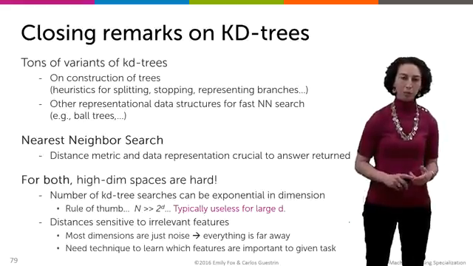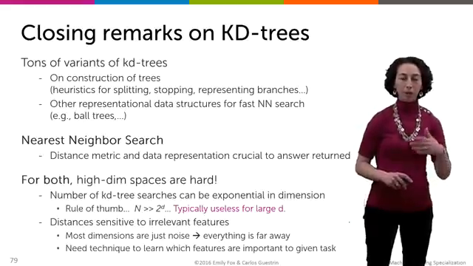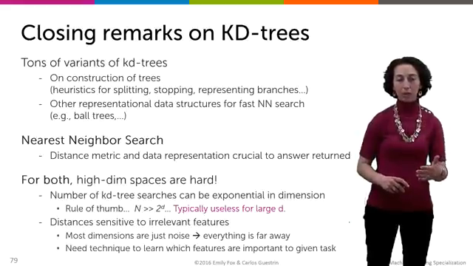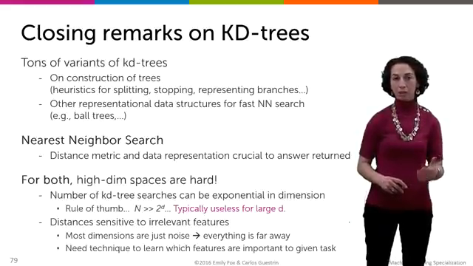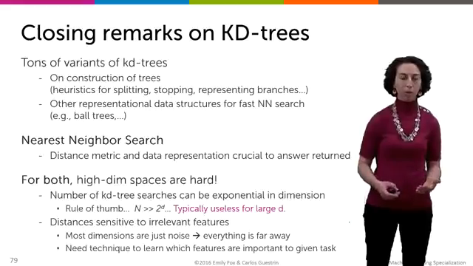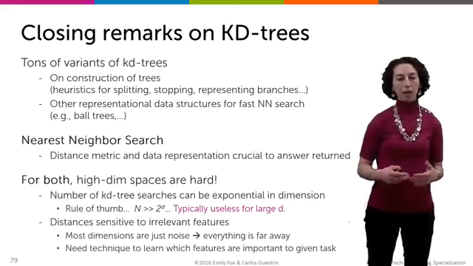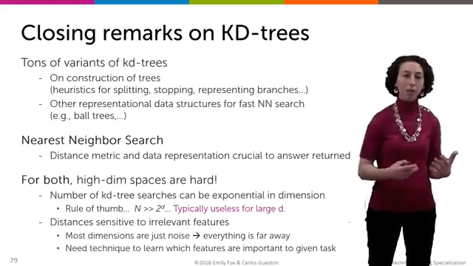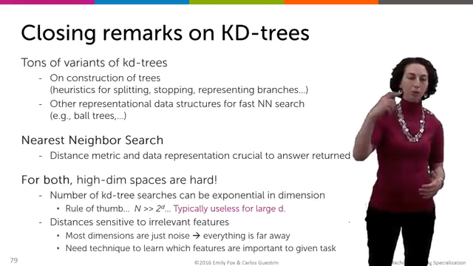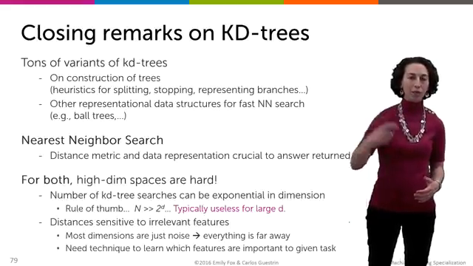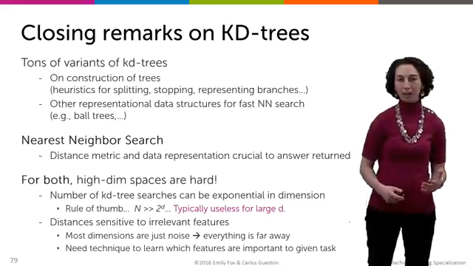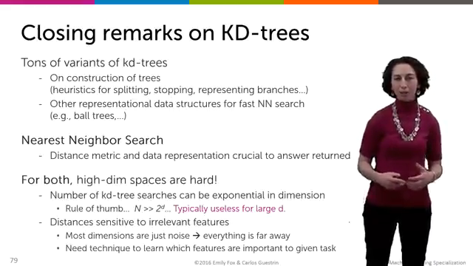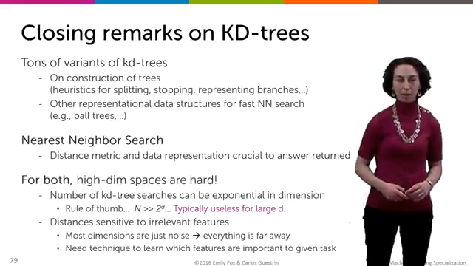For KD trees, the number of inspections you have to do can be exponential in the dimensionality. So as a rule of thumb, typically KD trees are only useful if the number of observations you have is much, much larger than 2 to the d, 2 to the number of dimensions you have. So in high dimensional cases, often you don't have enough observations to really make a KD tree worthwhile.